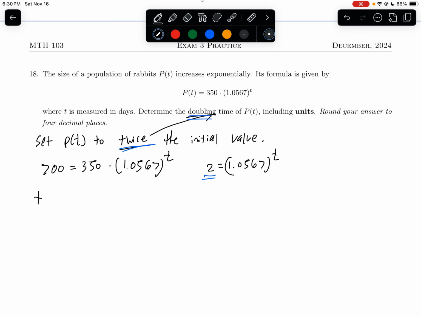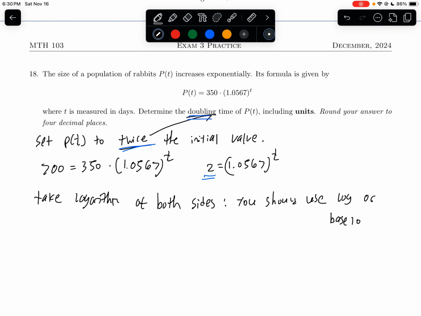And then the next step would be to take a logarithm of both sides, but really you should use log, meaning base 10, or ln, meaning base e.